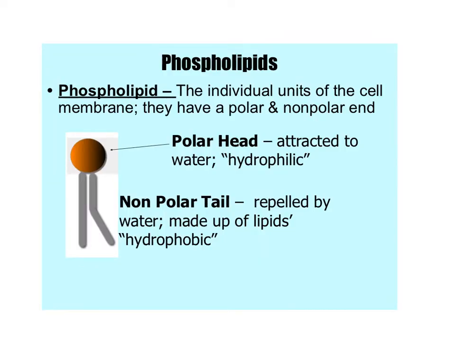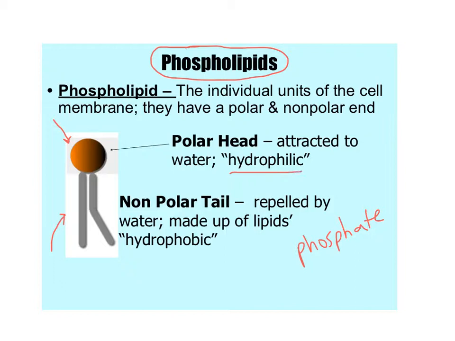And here's a close-up look at the balloon and strings. There's the balloon and strings right there, which make up the cell membrane. They're called phospholipids. And they're called that because the little balloon part, that is a phosphate. You don't really need to know what that is, but it's a phosphate, and know that it's hydrophilic.